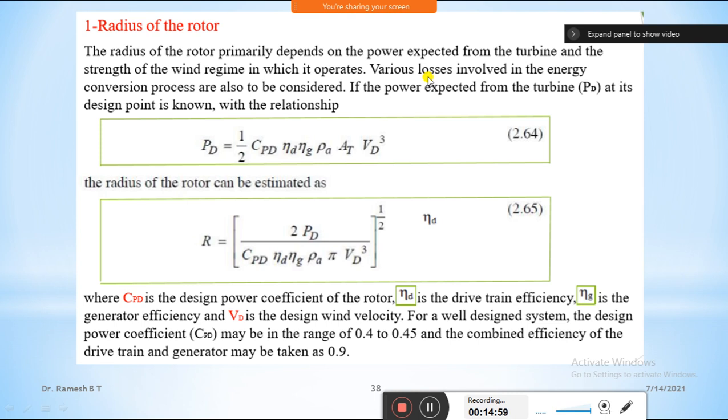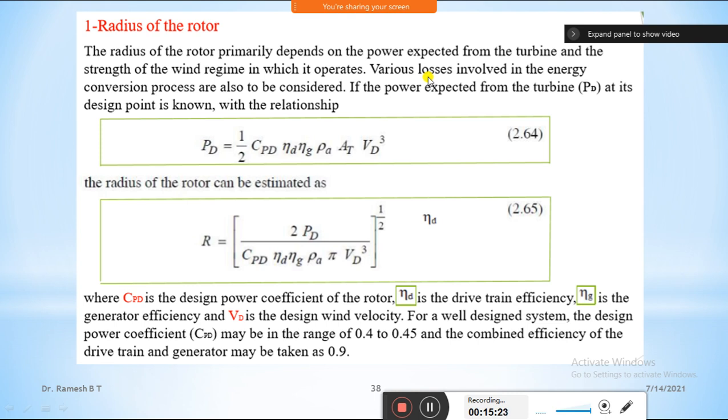Here Cp_D is the design power coefficient. We already know that Cp is the power coefficient of the rotor, and ηD is an efficiency. η means efficiency, so ηD is the efficiency of the drive train, meaning the gear trains we are using. If the gear trains are more efficient, they will provide more power, so they are directly proportional.